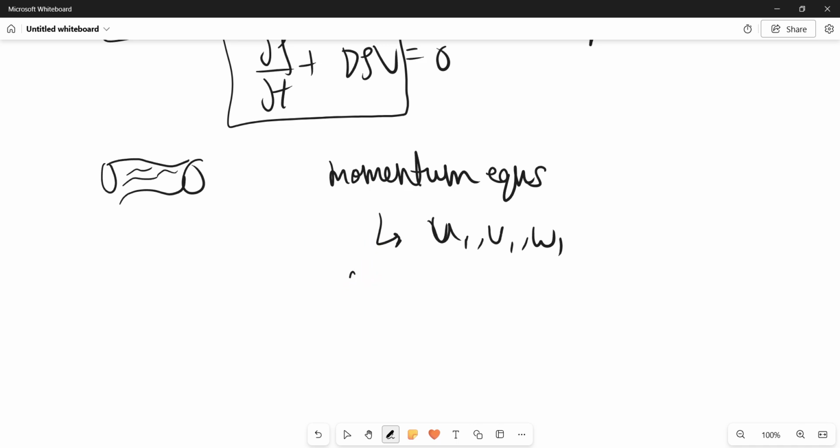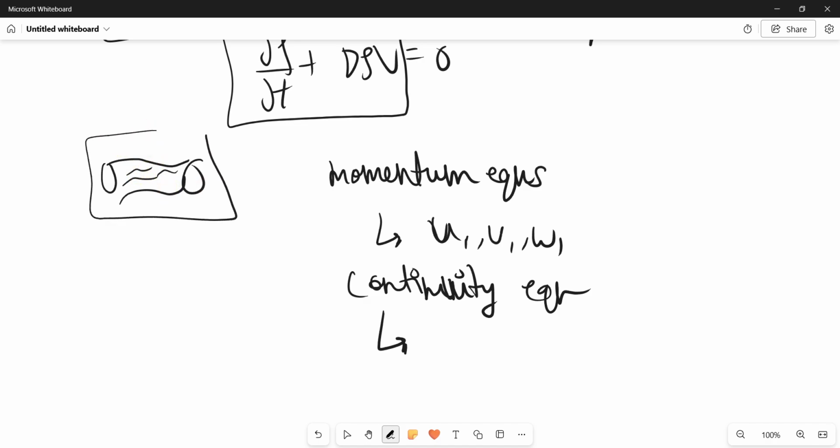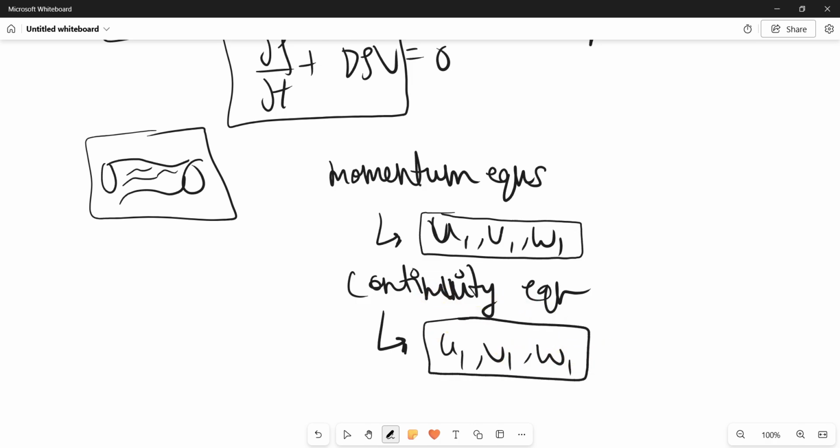Now when you put that in the continuity equation, it's not necessary that it satisfies the condition. But if I am taking a practical flow, the velocity that I'm getting from the momentum equation and the velocity that I'm getting from the continuity equation, that is u1 v1 w1, both should match, right?